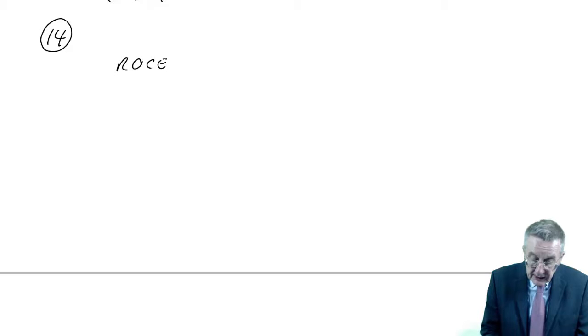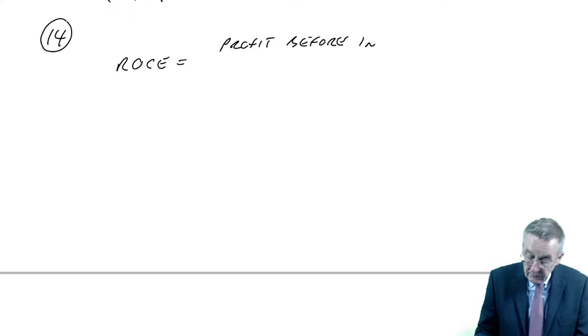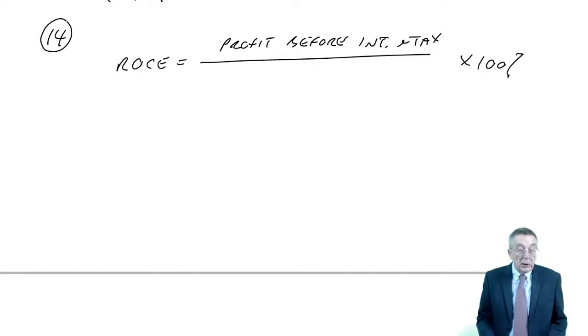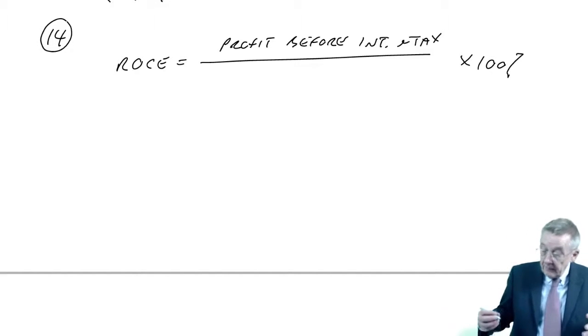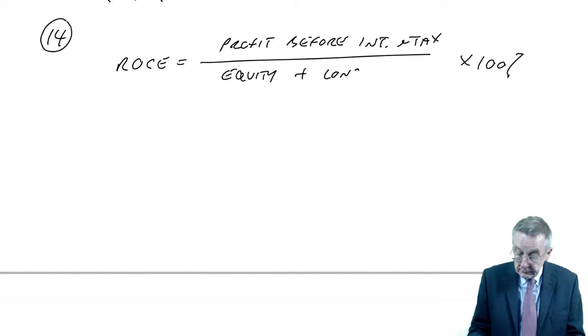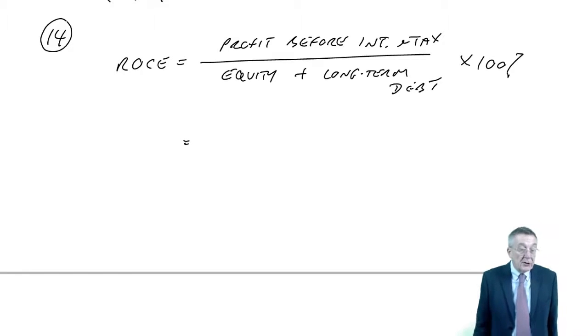The return on capital employed is the profit before interest and tax as a percentage of the total long-term finance of the company, which is equity plus long-term debt. So look at the information. This couldn't have been made easy.